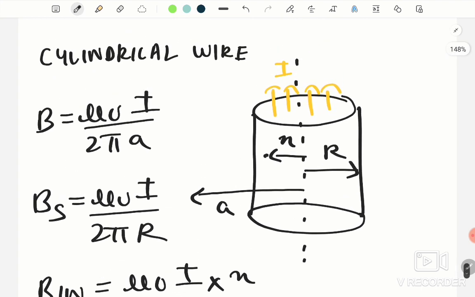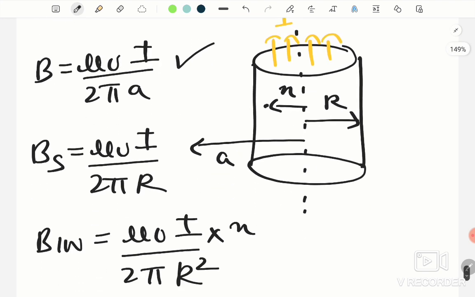So guys, in summary, whenever you are outside a cylindrical wire, you just need to use the formula of infinite current carrying wire, and this formula of magnetic field is mu naught I upon 2 pi A. Now when you are on the surface of the cylindrical wire, you need to replace A in the denominator by capital R, which is the radius of the cylinder.